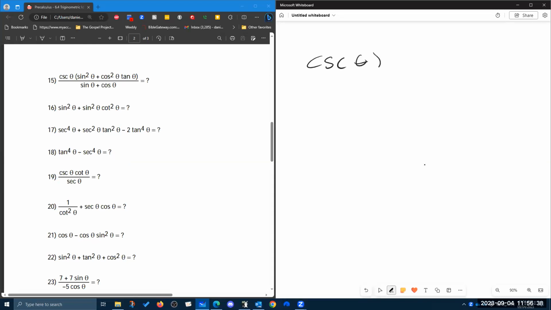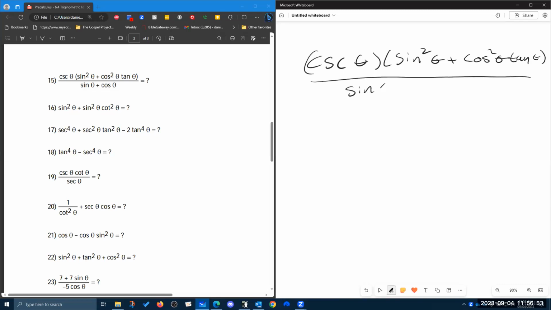Cosecant of theta times sine squared theta plus cosine squared theta tan theta over sine theta plus cosine of theta.